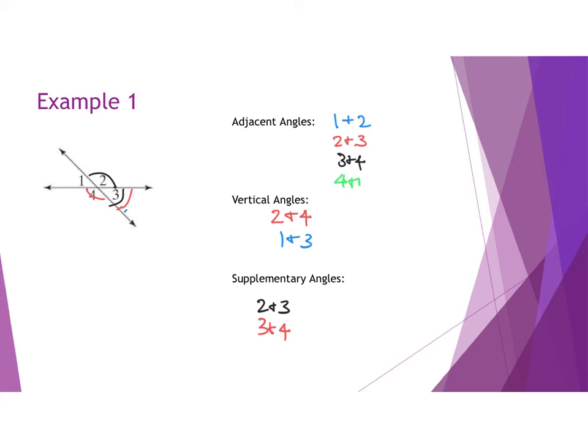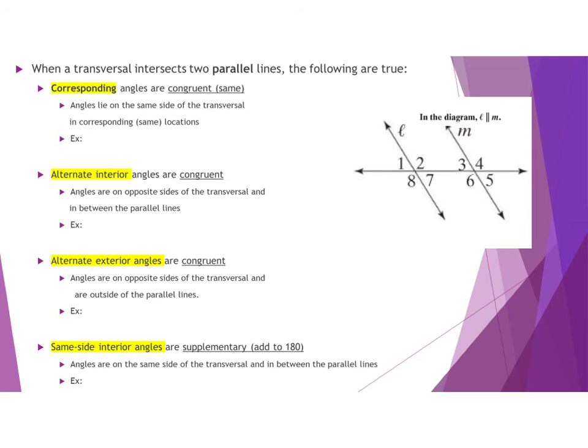We could say that 4 and 1 are, or I could go ahead and say that 1 and 2 are as well. Now right here are a couple properties that we're going to go over that are very important and will help us find measurements.